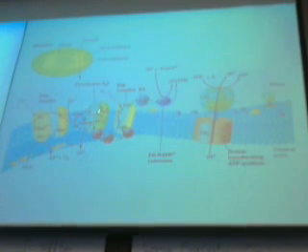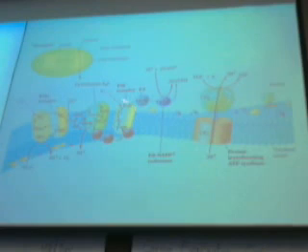Then the electron is carried from the b6f complex by a small molecule called plastocyanin over to the photosystem 1. Plastocyanin is a copper protein. It is analogous to cytochrome c in that it shuttles the electrons through the system here. And Dr. Davis studied this in great detail in our department and found that it did obey a shuttle type of mechanism.